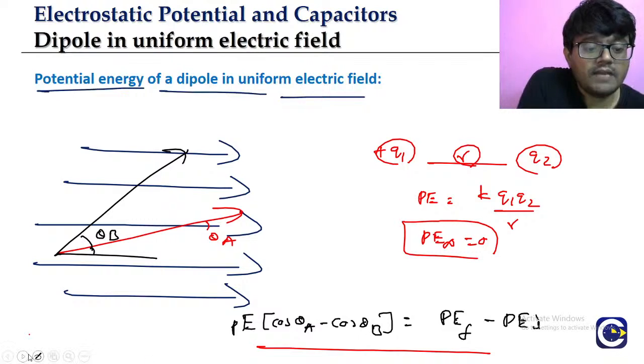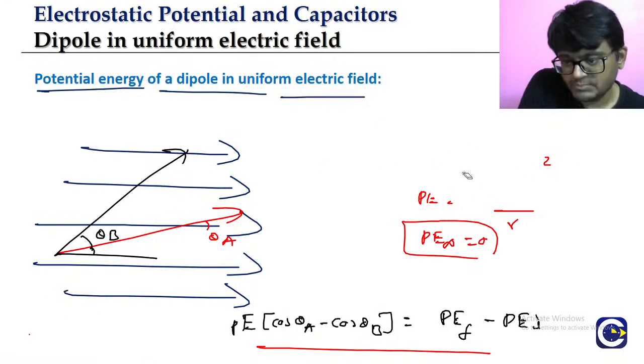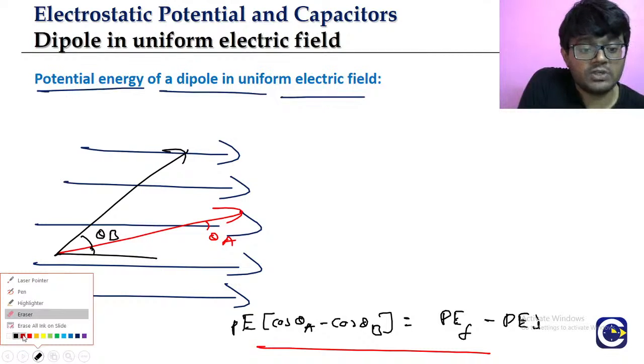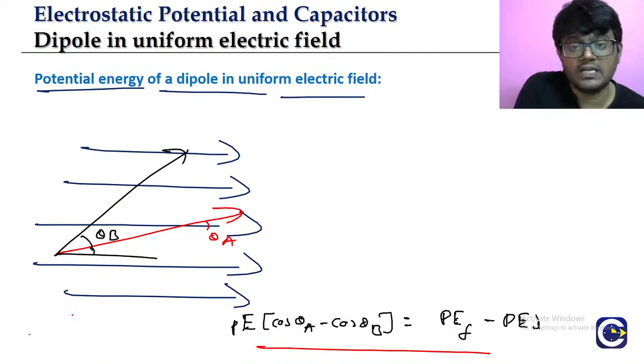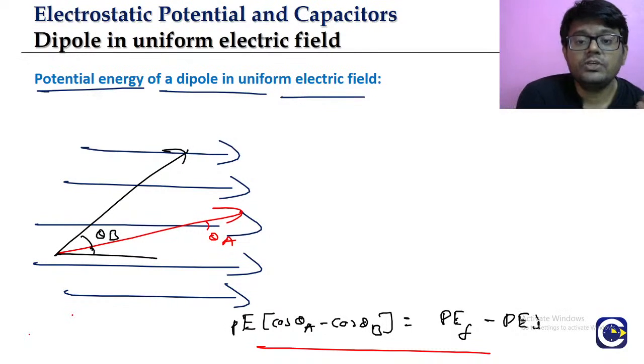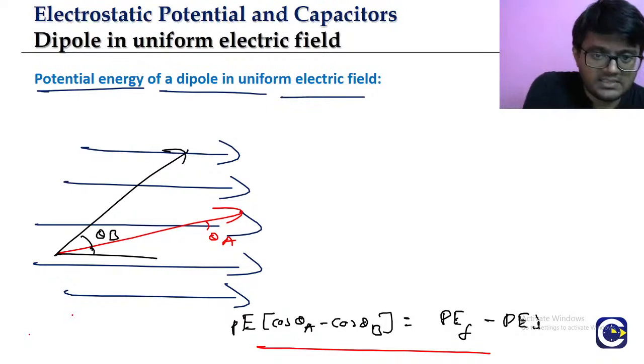So whenever we want an absolute value for the potential energy, by definition we get only the change in potential energy. So if we want an absolute potential energy, we should consider what? The reference.